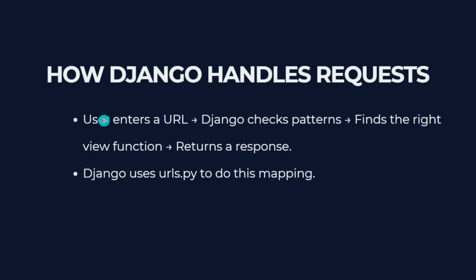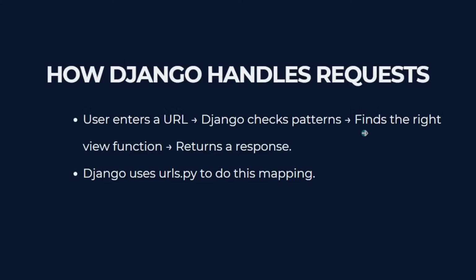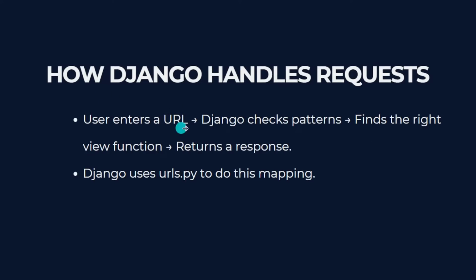The user enters a URL, Django checks the patterns, finds the right view function and returns the response.